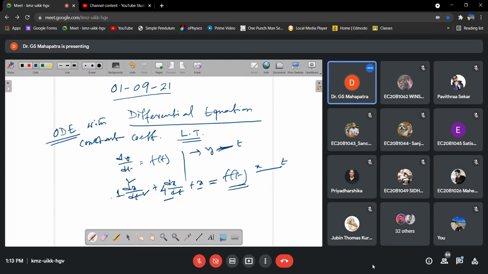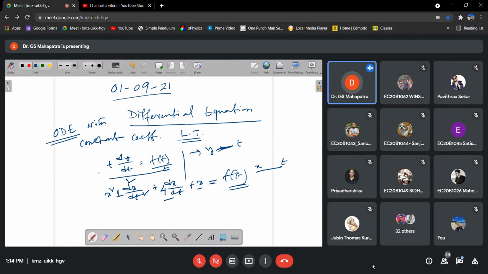But if you write x squared or t squared instead of 1, then the coefficient is variable.